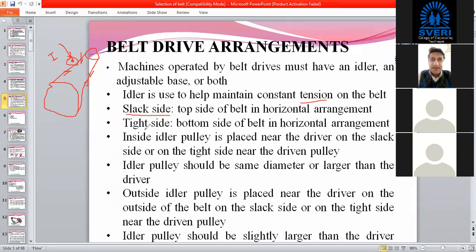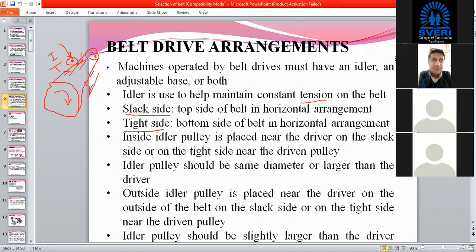Then slack side and tight side. Suppose this pulley is rotating in clockwise direction, then this particular side is called the tight side. Pulling is taking place from the upper side, and the belt is moving in this direction, and here it is moving in this direction.